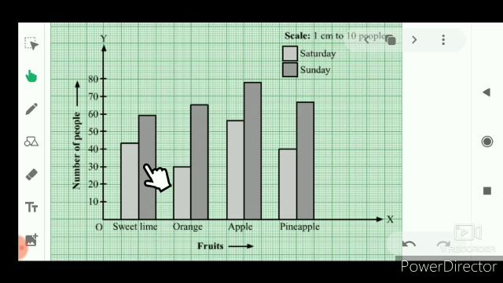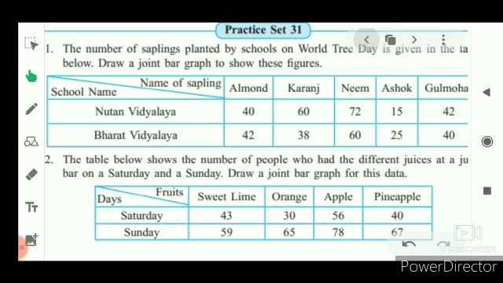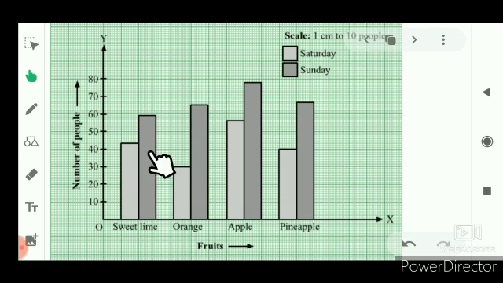Now we will join the entries of Sunday in this graph. Hope you have understood. So on Sunday, let's see the entry: 59 for sweet lime, 65 for orange, 78 for apple, 67 for pineapple. So we will join the entries for Sunday in this graph.